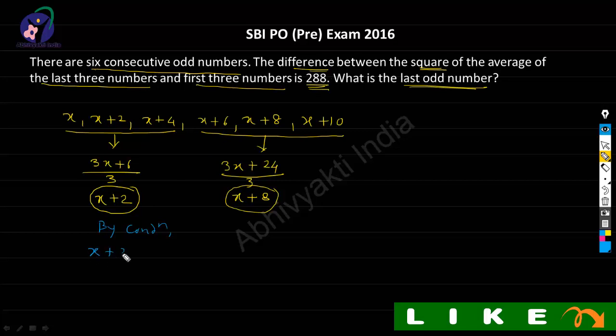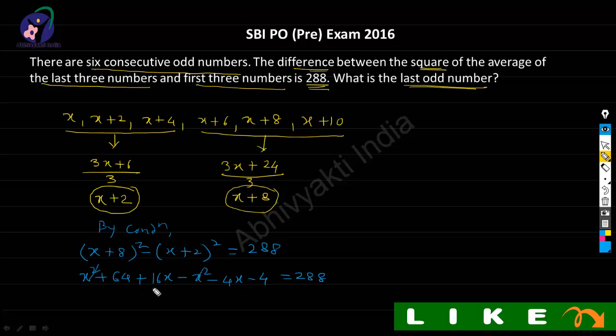So it will be (x plus 8) square minus (x plus 2) square, that is equal to 288. Solving this bracket, we will get x square plus 64 plus 16x minus x square minus 4x minus 4, that is equal to 288.